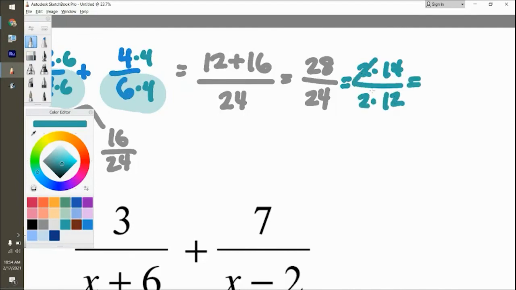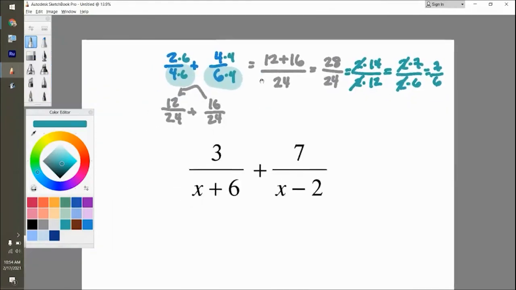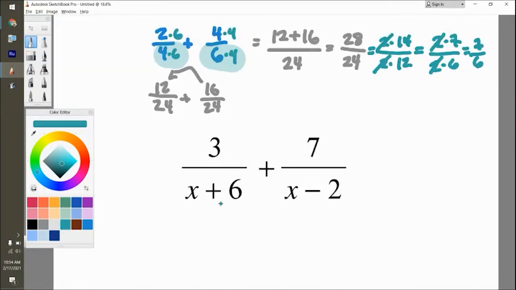You can also break down the 14 to 2 and 7, and the 12 to 2 and 6, cancel that out, and you end up with 7 over 6 as the final answer. I'm never going to ask you to add those fractions, but you do have to understand the common denominator aspect of this and then combining at the end.